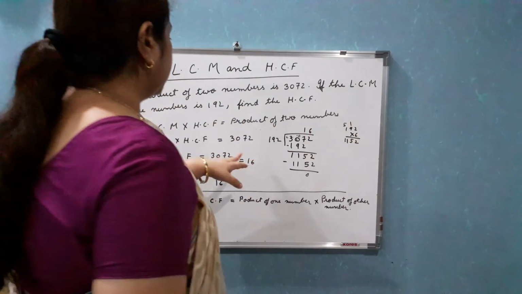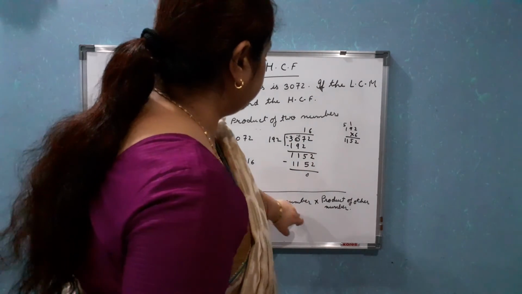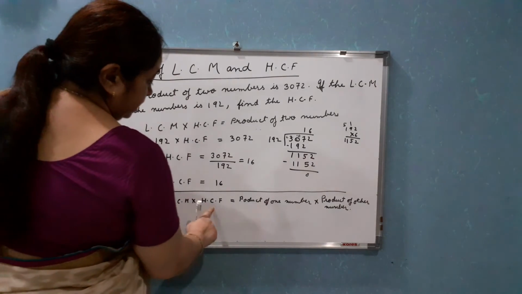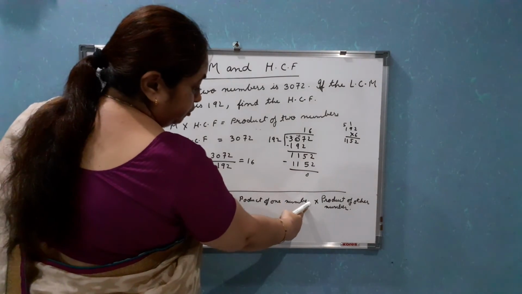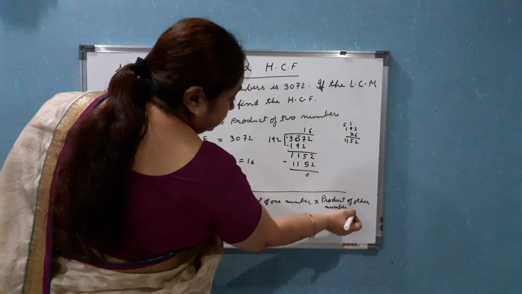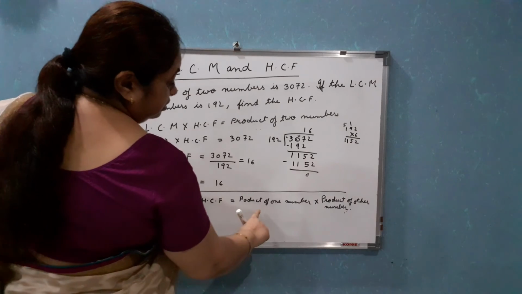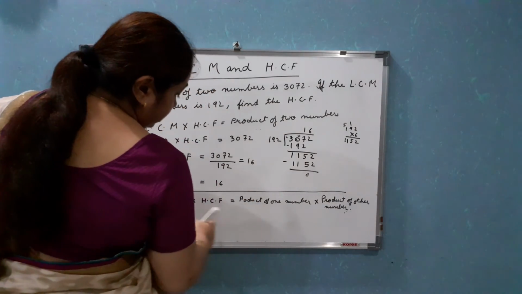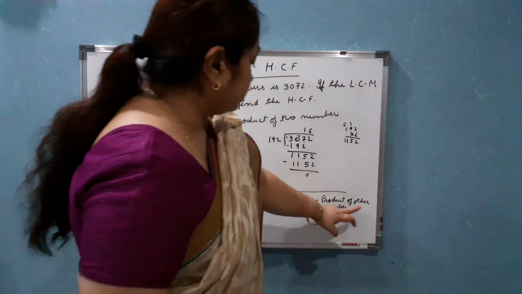See here, product of two numbers means here will be two numbers, product of one number and product of other number. So it may be LCM and HCF is given to you and product of one number is given to you. You have to find the product of the other number. So this will be given, you multiply it. This is given to you. This you have to find.